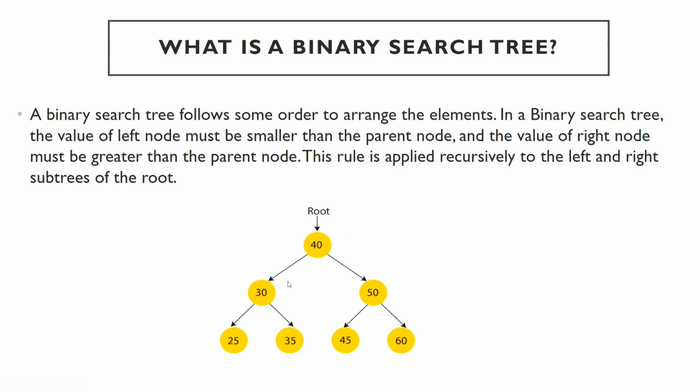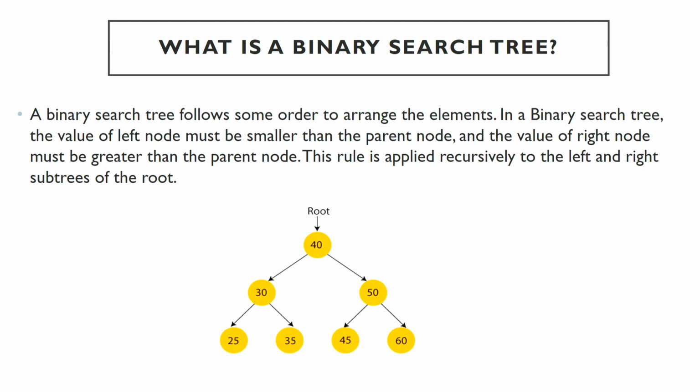The left nodes, which contain 30, 21, 35, are smaller than 40, and the right nodes, which have data 50, 45, 60, are greater. Similarly, the left child of the root node is greater than its left child and smaller than its right child. See, 25 is smaller than 30, and 35 is greater than 30. So it also satisfies the property of a binary search tree.